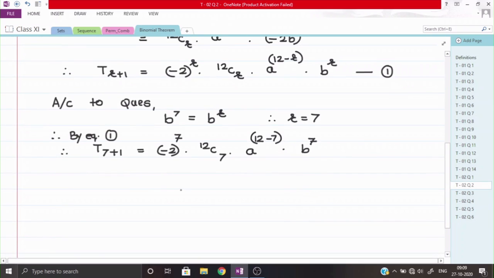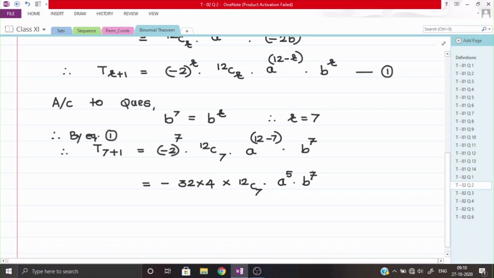The minus sign will remain as it is, and 2 to the power 7: 2 to the power 5 is 32, and then again 2 to the power 2 means 4 will be there, into 12C7 into a to the power 5 b to the power 7.